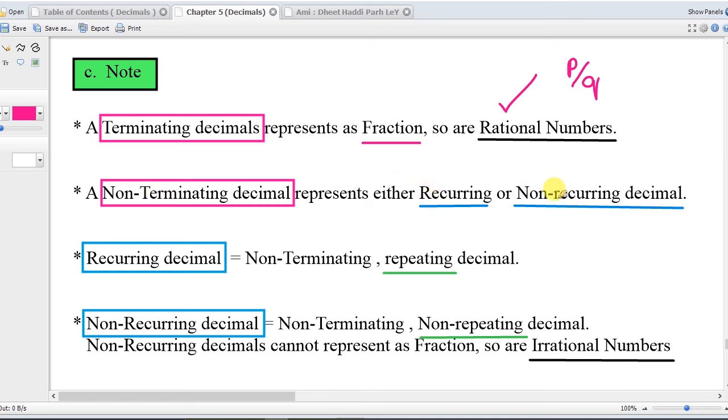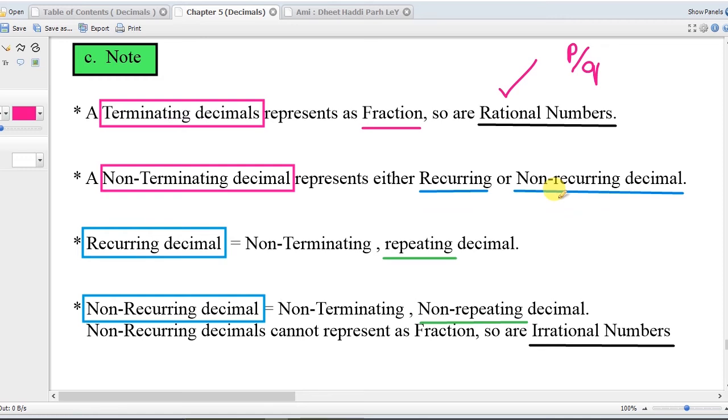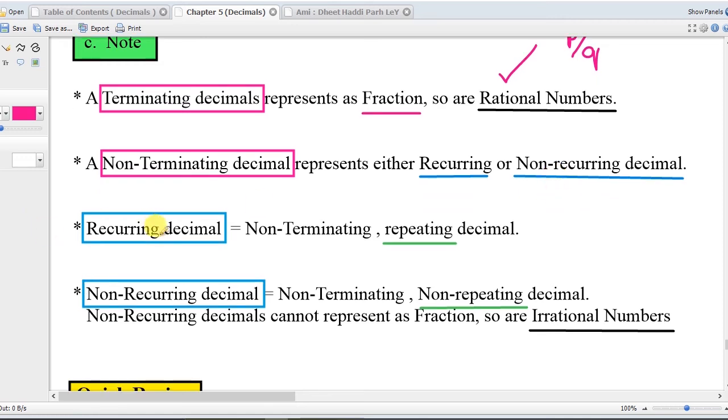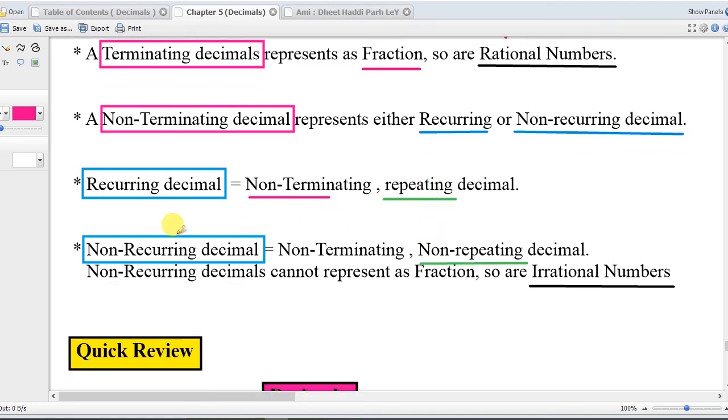Recurring means repeating and non-recurring means non-repeating. There is no repetition. So recurring decimals are basically a subtype of non-terminating, and recurring means repeating decimals. And non-recurring decimals are a subtype of non-terminating, and the numbers are not repeating, so that's why we call them non-repeating or non-recurring decimals.